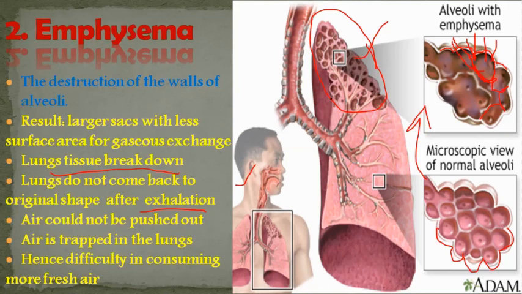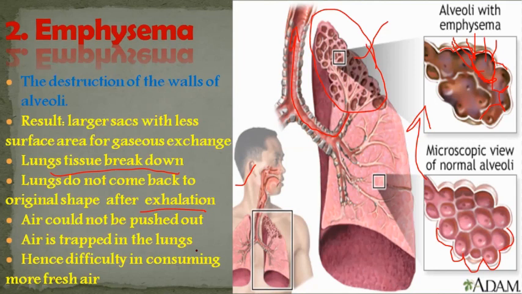If they came back to the original position, like contraction and relaxation, then they would push the air back from this alveoli to the bronchioles and then to the trachea. So after that, air is trapped in the lungs, and the air present in the lungs cannot leave.